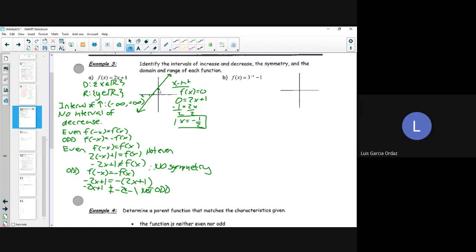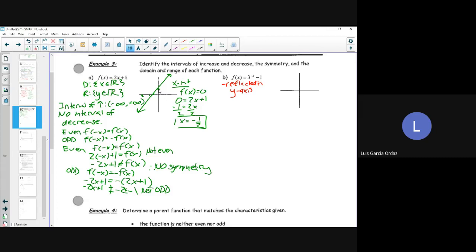So the next one we have is f of x is equal to 3 to the negative x minus 1. So what does the negative x entail? It's reflected in what axis? So this is reflected in the y-axis. Do we have an asymptote somewhere?